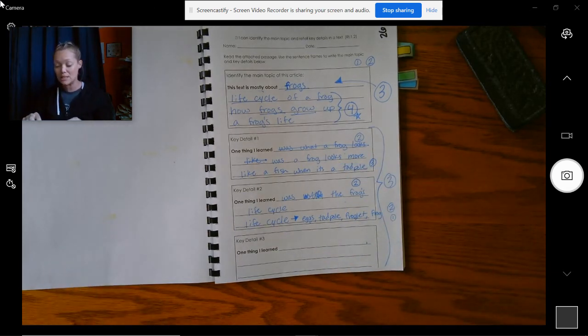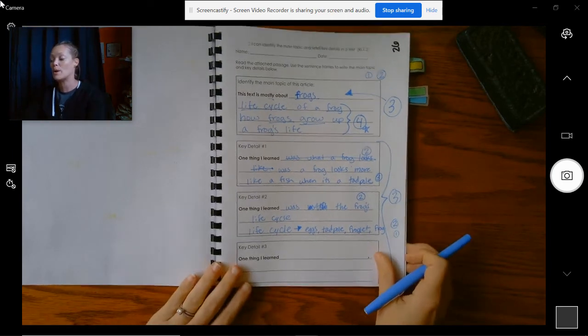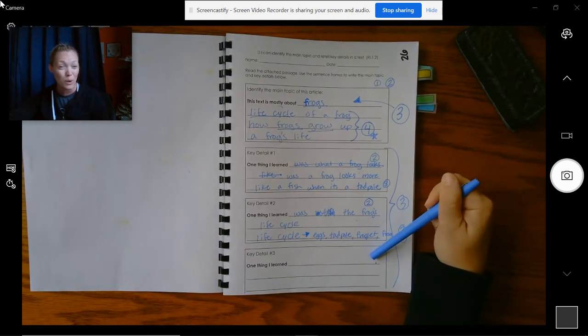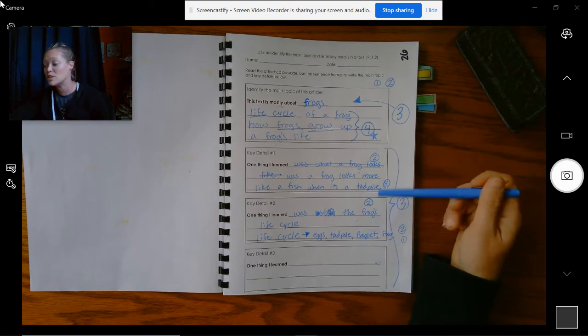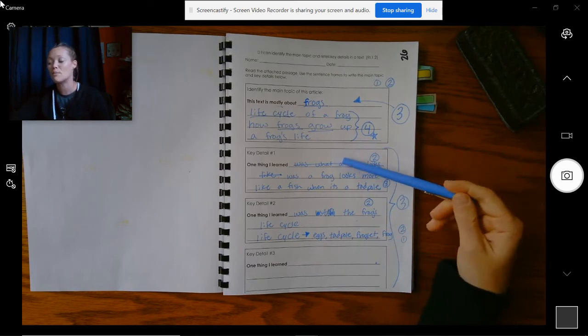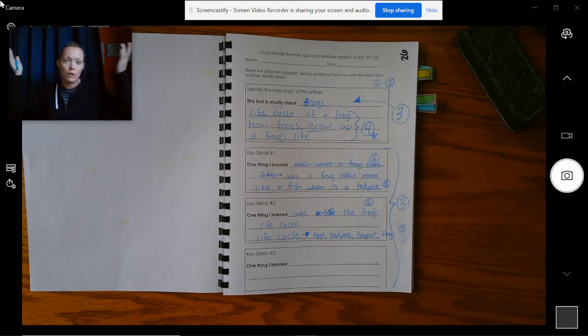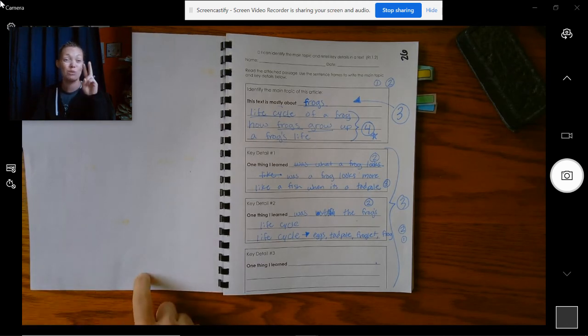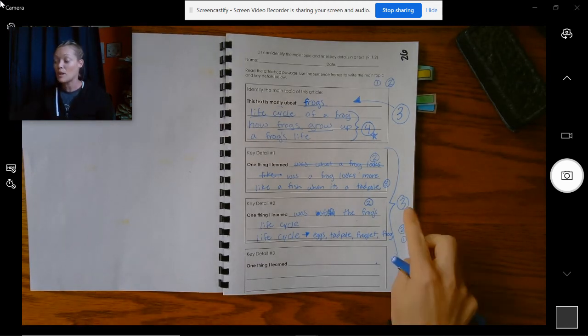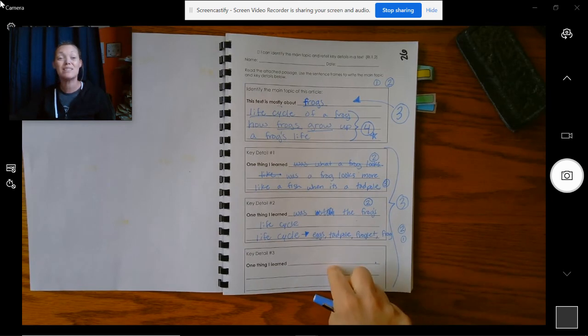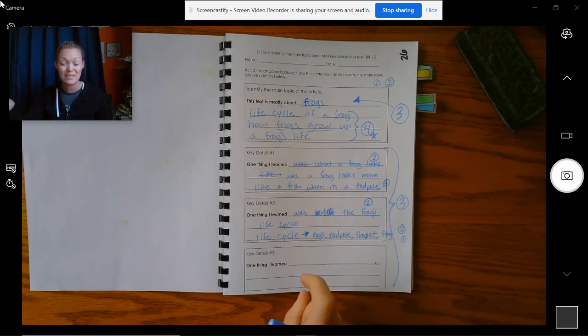So those were the biggest things that I saw. So go through, read what you wrote, and decide. Did you get a 2 because maybe you gave me what it looks like, or you gave me life cycle, or you gave me some generic things, or maybe you didn't tell me anything from the actual text? Those would be 2s. A 3 is 3 specific facts from the text.